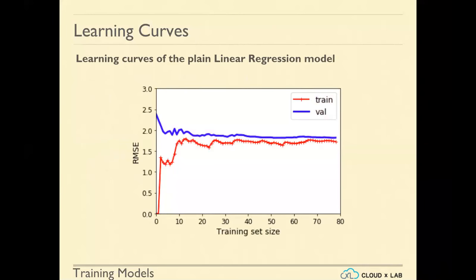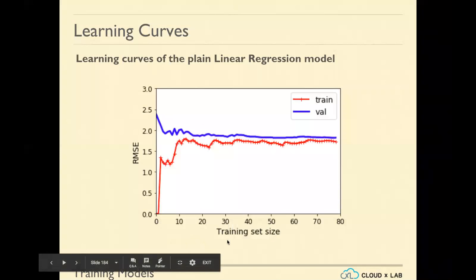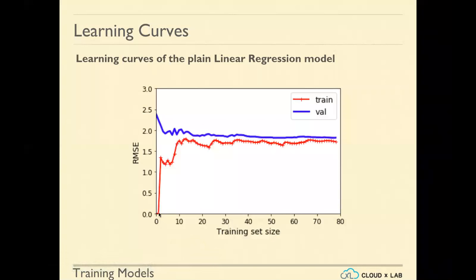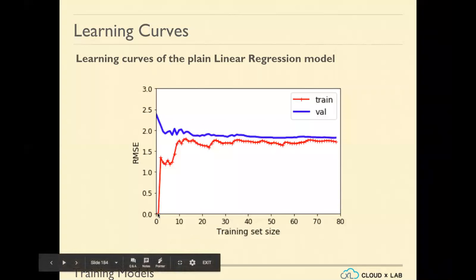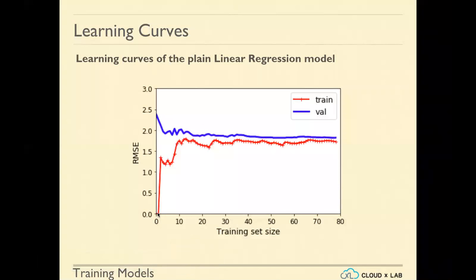Let's take a look at this one. Once we plotted the graph, we got two curves. On the y-axis we have error, and on the x-axis we have the training set size. When we had this much of training set here, it was giving almost zero error, no data, no error.